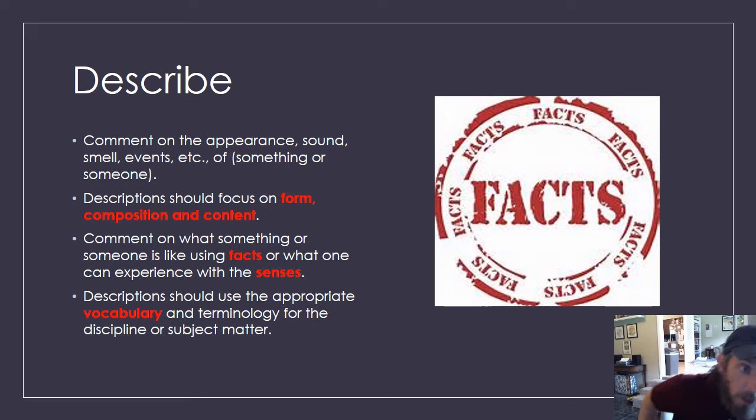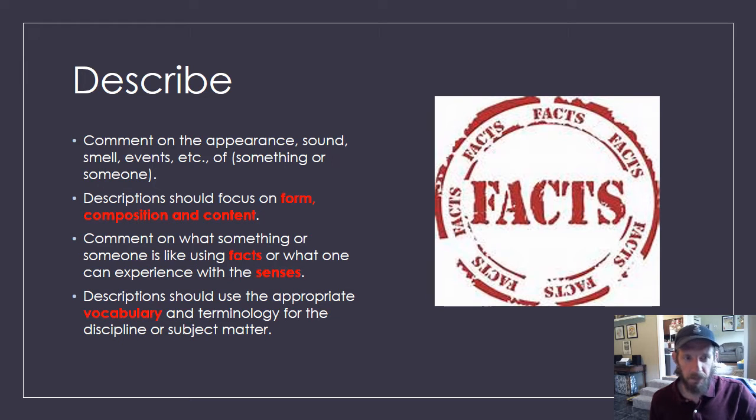So you comment on the appearance, the sound, the smell, anything that we can gather through the five senses. We're not focusing on the sixth, which is thought. That's actually later. Your basic sensory input.